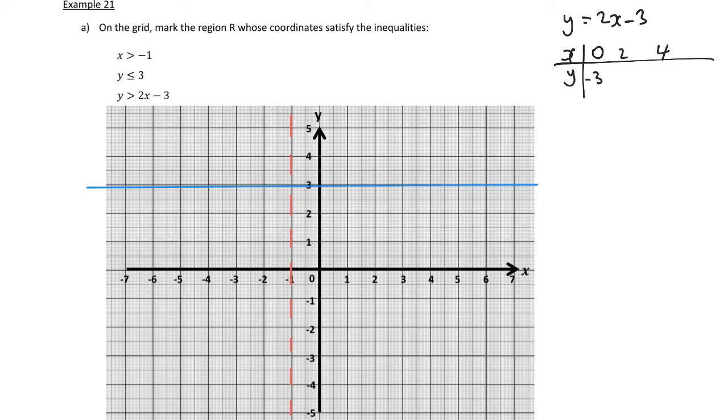When x is 2, 2 2s are 4, 4 take away 3 is 1. And when x is 4, 2 4s are 8, 8 take away 3 is 5. So we've got our 3 coordinates there of 0, minus 3, 2, 1, and 4, 5. And we can join those up using a dashed line because it's a more than inequality. So we get this dashed line here.